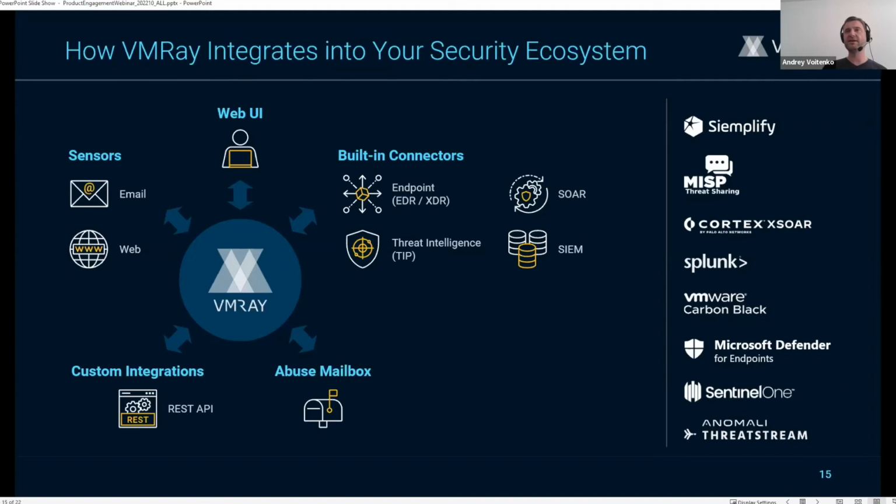Not every company is able to keep up and get all those new links in their threat intel feeds. So links are where detonation is really useful, and where you also don't need to worry so much about privacy, because these are things you have just received from the internet.